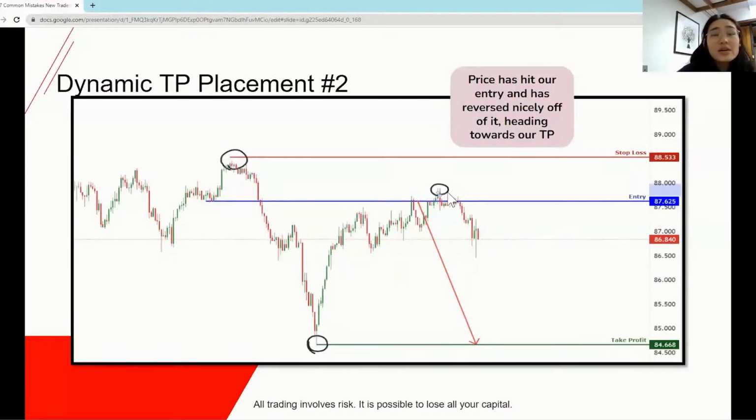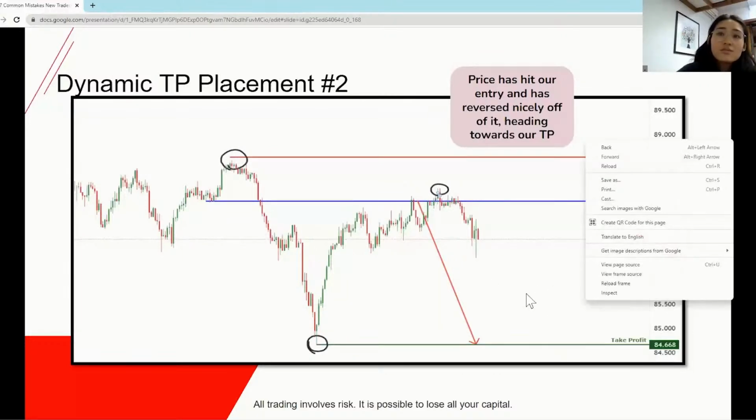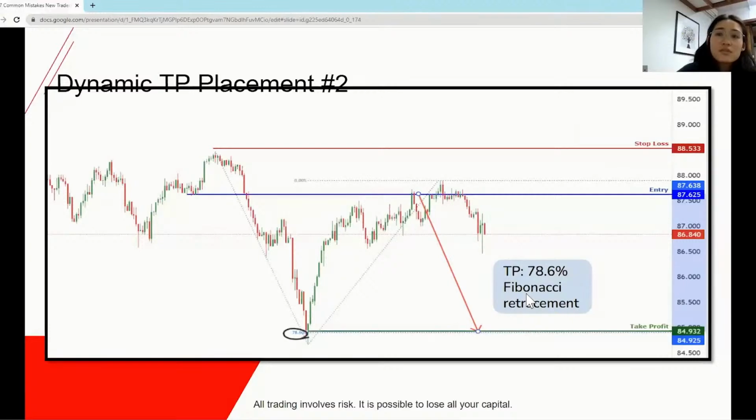So price has hit our entry and has reversed nicely off of it, heading towards our take profit. So take note, we also have another 78.6% Fibonacci retracement that aligns nicely with our take profit.